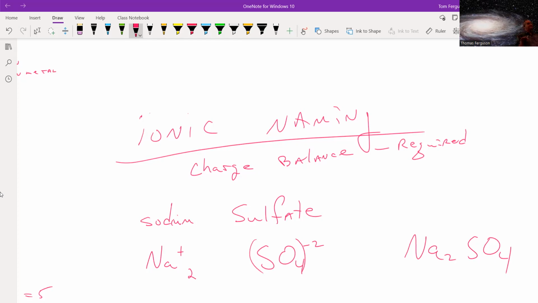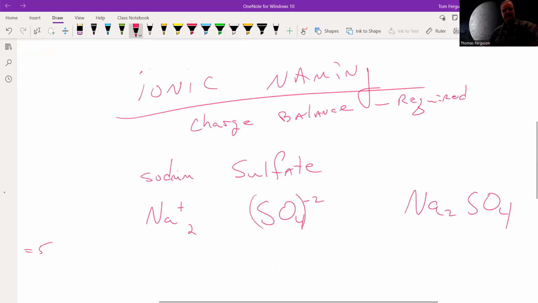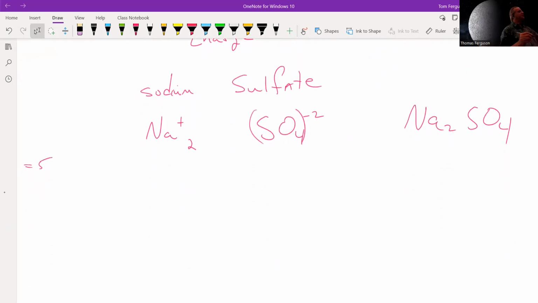No exceptions, okay? That's nice when you say no exceptions, as opposed to, well, sometimes you do this, sometimes you do that. This way it's easy, no exceptions. Okay, does everyone understand why we have to have two sodiums? Okay, notice in the name sodium sulfate, what's missing compared to the covalent naming?